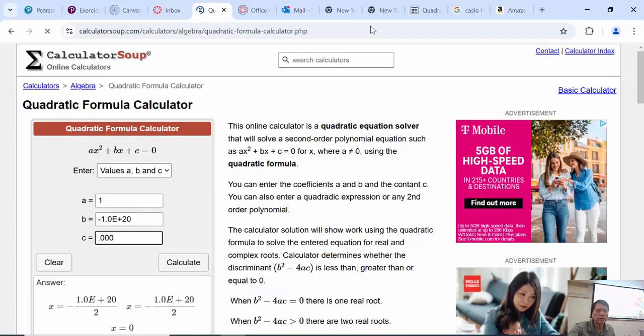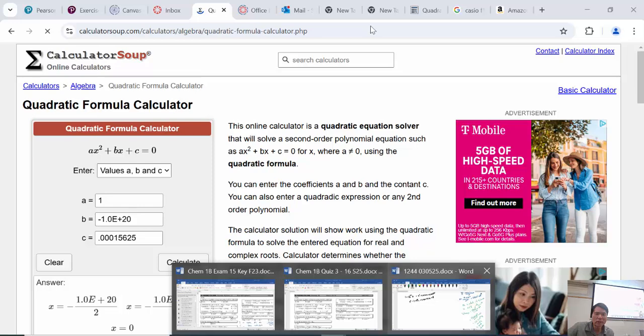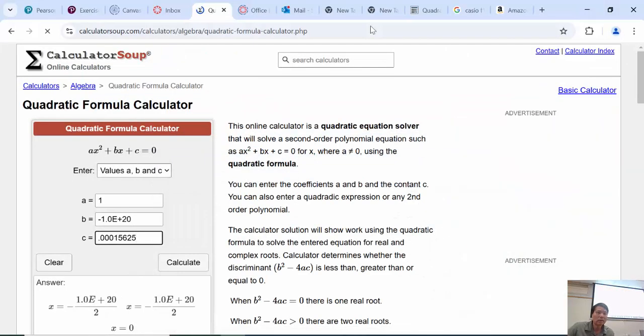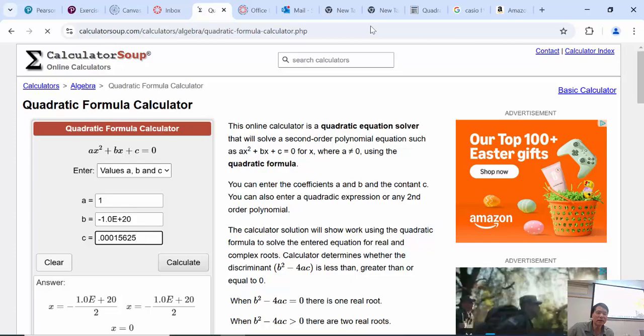A was 1, and C was 0.0001562.5, as I recall. B was minus 100 million trillion. Let me just double check that. Yeah, minus 100 million trillion, and C was 0.0001562.5. Got it. Okay, that looks right, and then I'm going to calculate it.